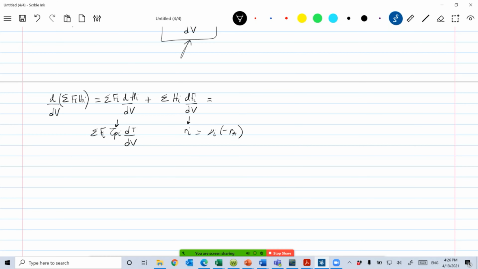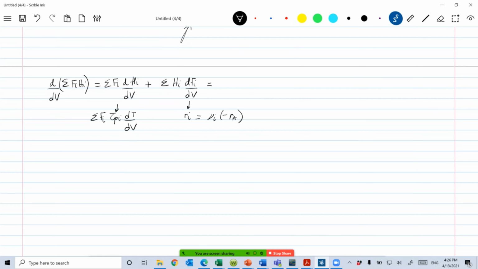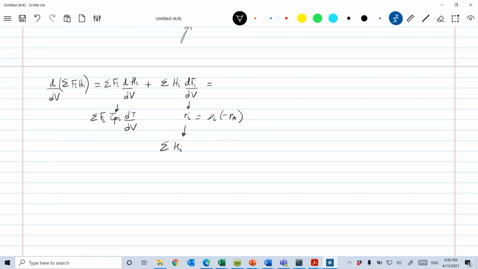So now if you take this term, it is the summation of HI mu I times minus RA, replacing the Ri.